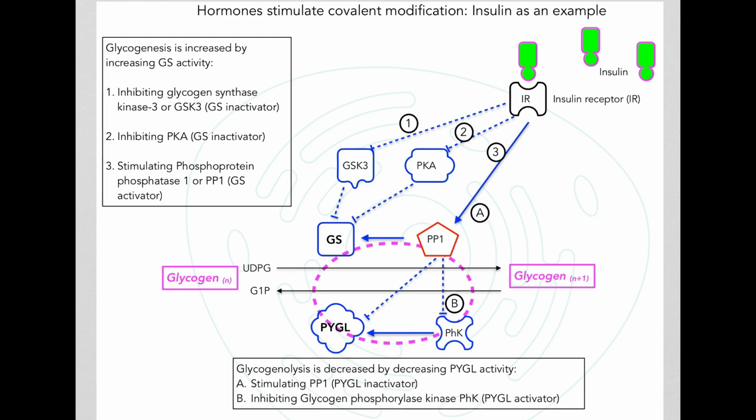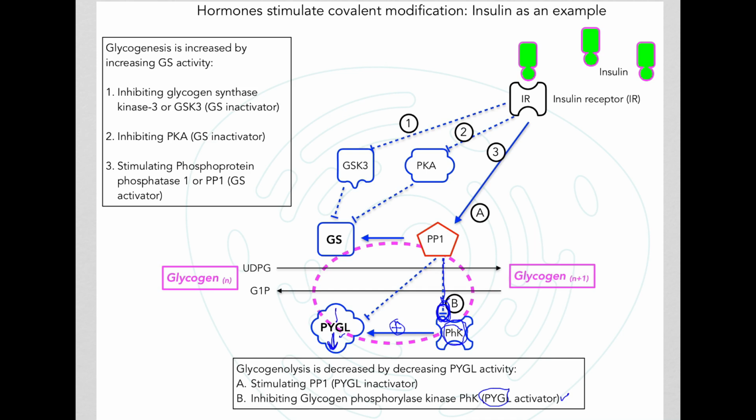And another mechanism would be to inhibit the activator for glycogen phosphorylase, and this activator is PHK, glycogen phosphorylase kinase. This is an activator for glycogen phosphorylase. So if we inhibit this PHK, and that's done here through PP1, that will lead to reduced activation of PYGL, and that will lead to decreased activity of glycogen phosphorylase.